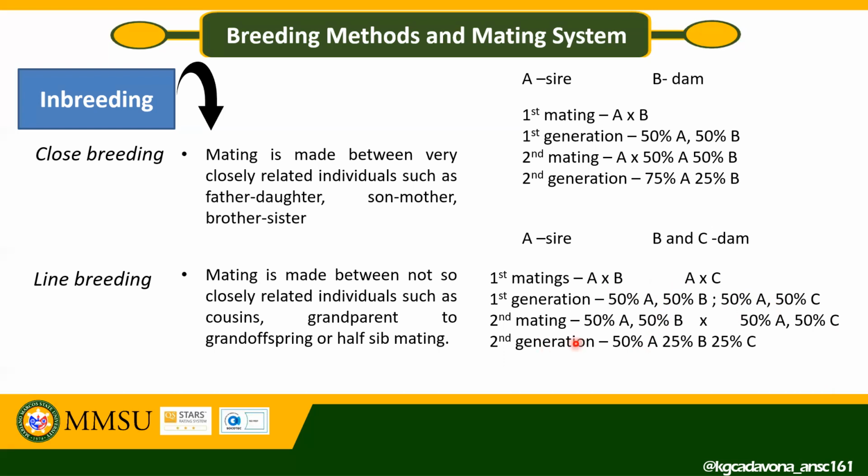Now the offspring in the second generation receive 50% of their genetic inheritance from the sire A because he appears twice in their pedigree, as you could observe. Then they also receive 25% of their genetic inheritance from each of the females B and C. I hope you have understood the difference between line breeding and close breeding.